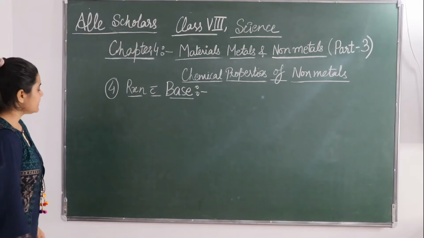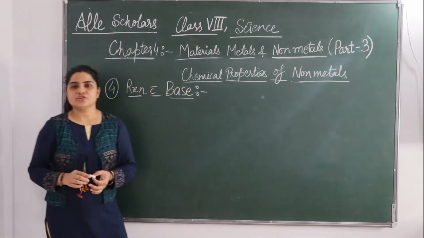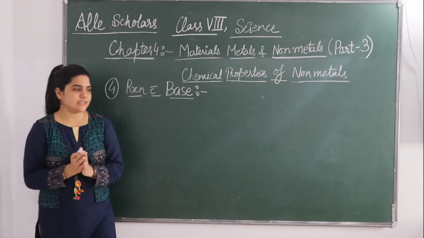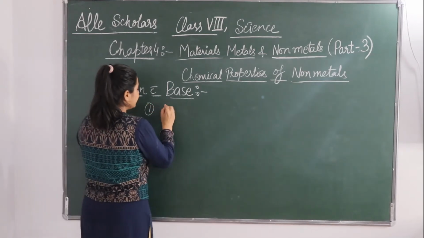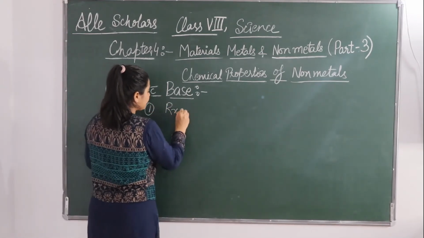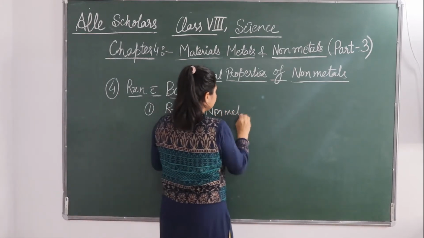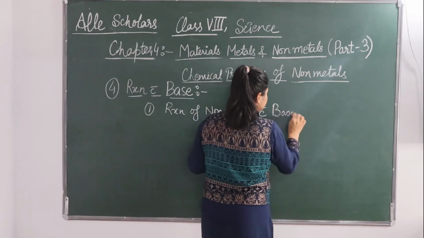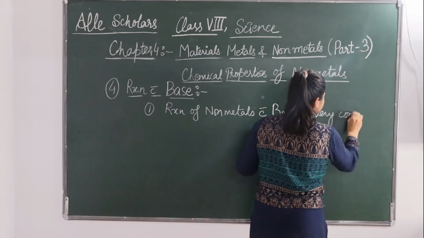Now let's see how non-metals react with bases. The reaction of non-metals with bases is quite complex, a very complex reaction it is. So the first thing to be noted is that the reaction of non-metals with bases is very complex.